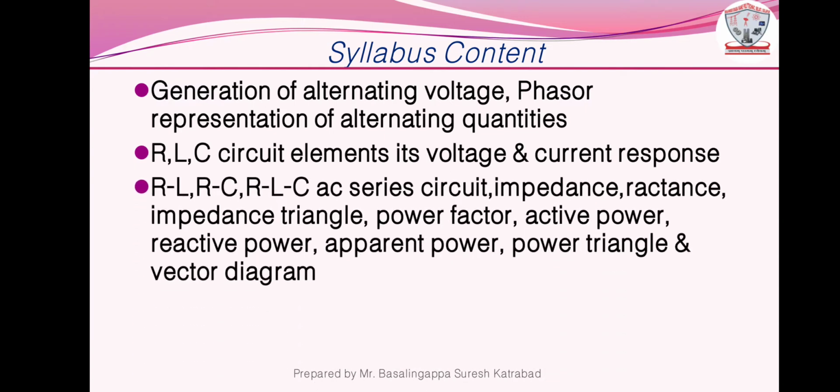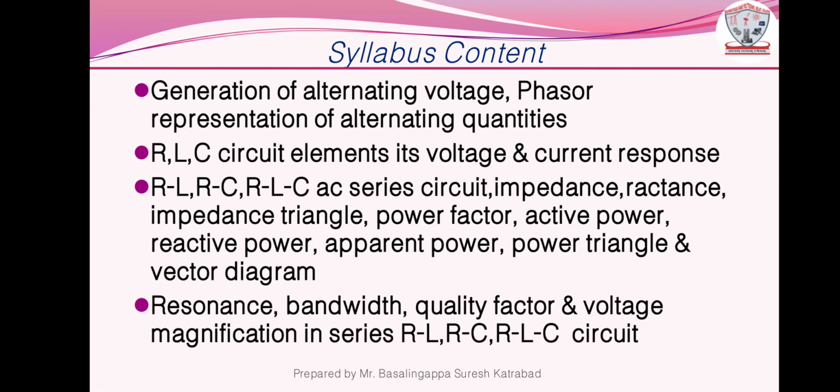Third bit is RLC AC series circuit, impedance, reactance, impedance triangle, power factor, active power, reactive power, apparent power, power triangle and vector diagram. Fourth bit is resonance, bandwidth, quality factor and voltage magnification in series RLC circuit.